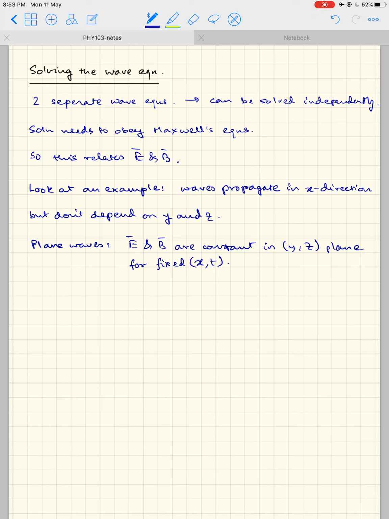So that's the class of things that we are going to be looking at. So now let's try to look at Maxwell's equations.